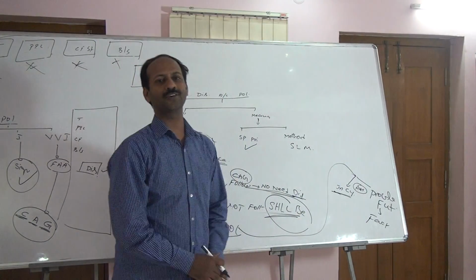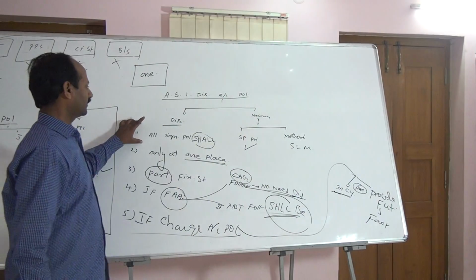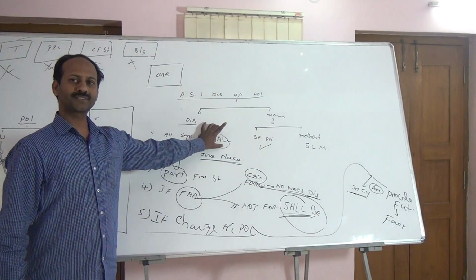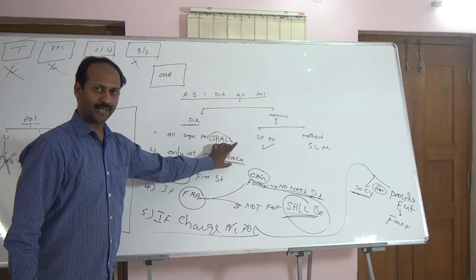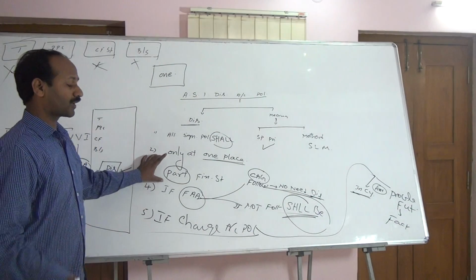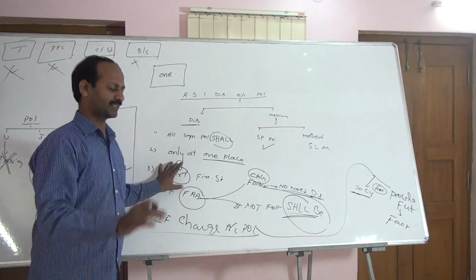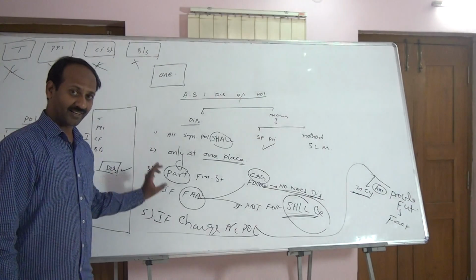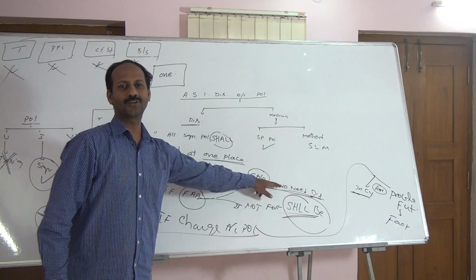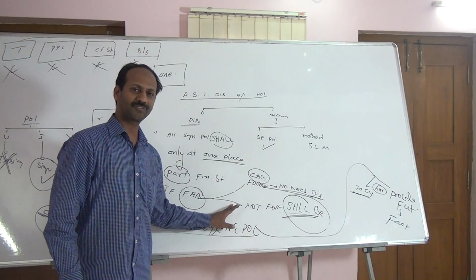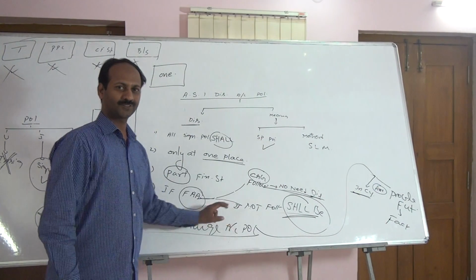So finally we have 5 points. All significant accounting policies shall be disclosed at only one place. Policies also form part of the financial statements. If fundamental accounting assumptions are followed, no need to disclose. If these are not followed, it shall be disclosed.